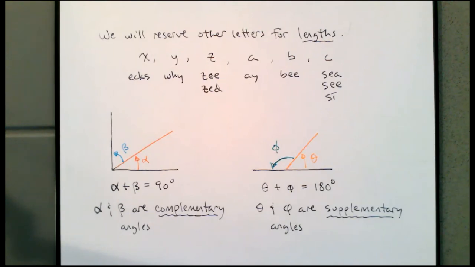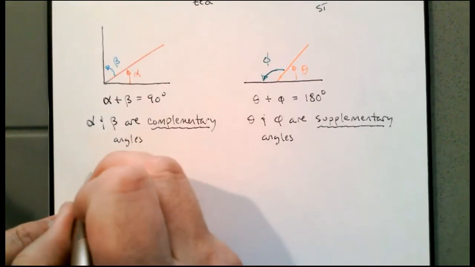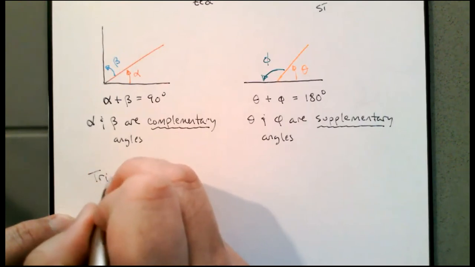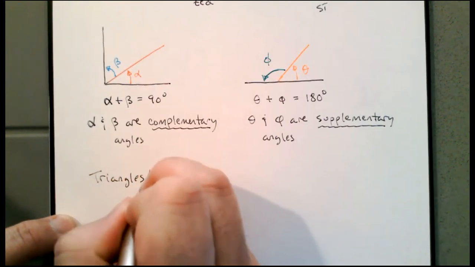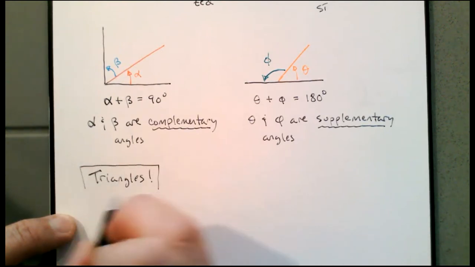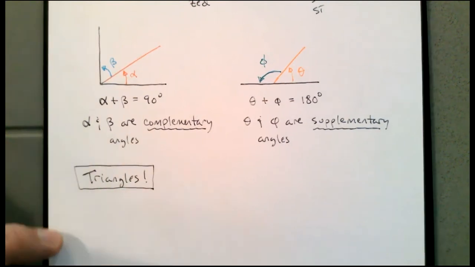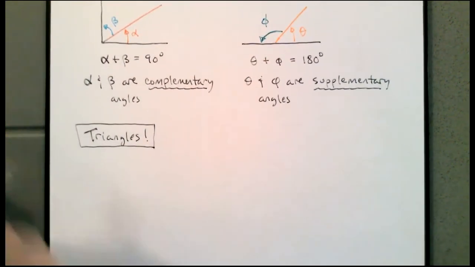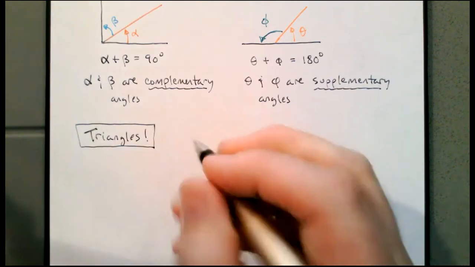All right, let's move on to start talking about triangles. A triangle is just a figure with 3 sides, and that'll make 3 angles.